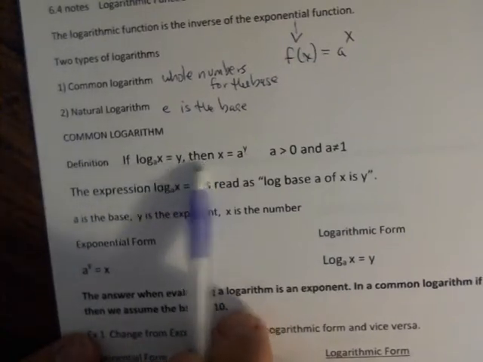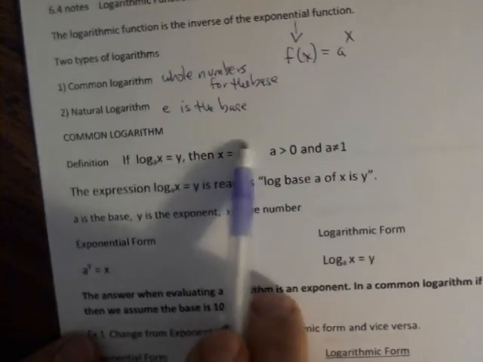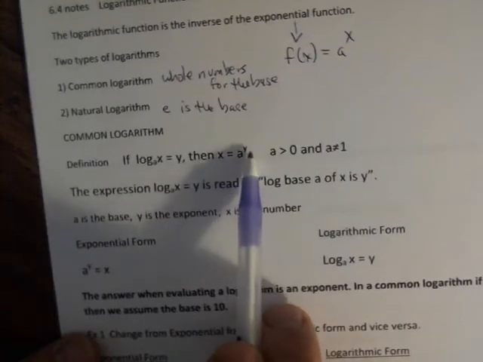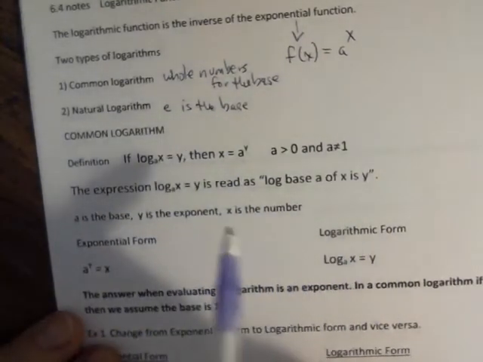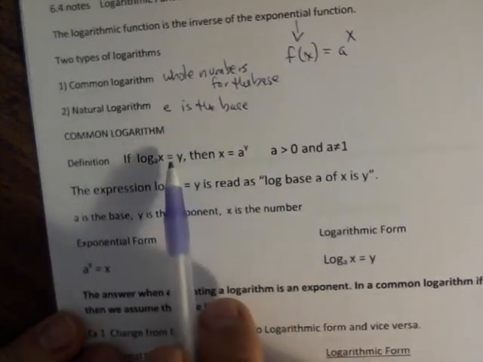We can also say if we have this, then this is true here, where as an exponential equation, your number is your base to the exponent, all right? If you can transition from here to here and backwards, then you won't have much trouble with these.